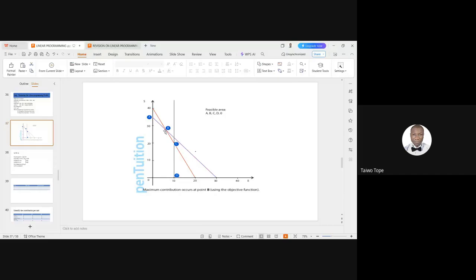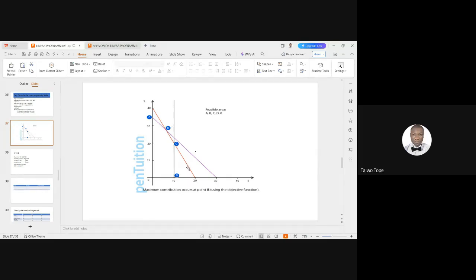We want to know what is happening at this point here. But if you still want, at point C, the two lines intersecting are demand and material.